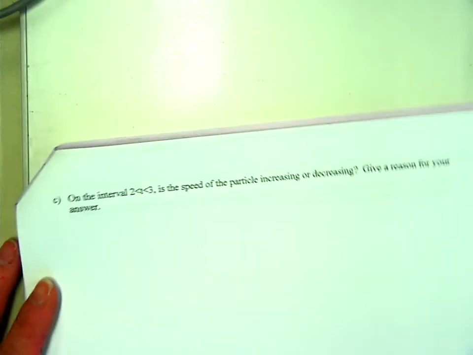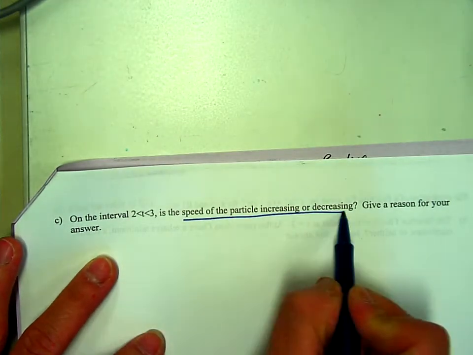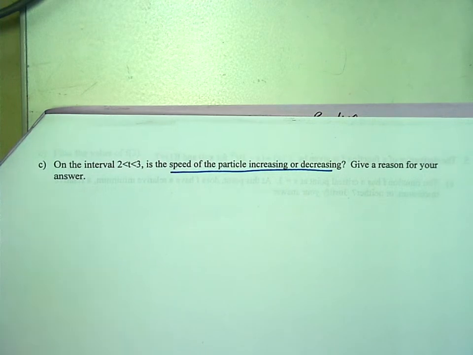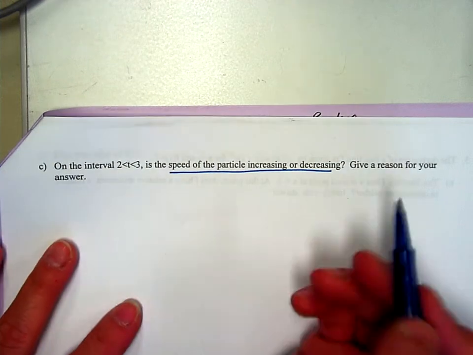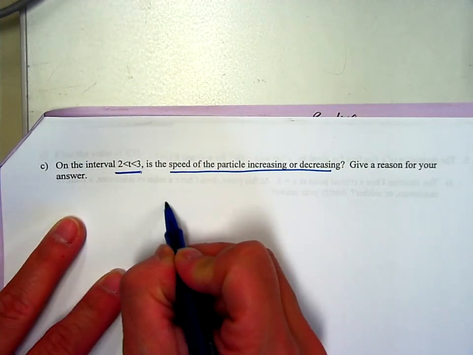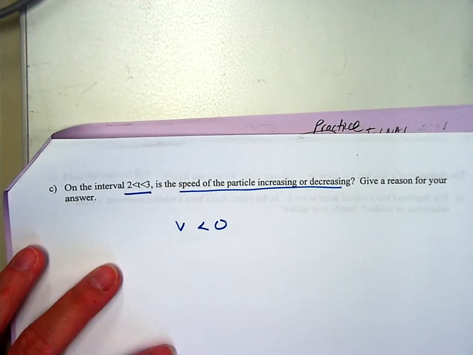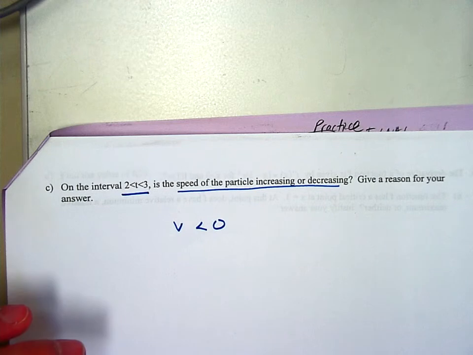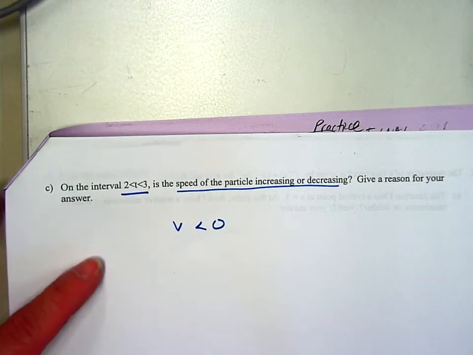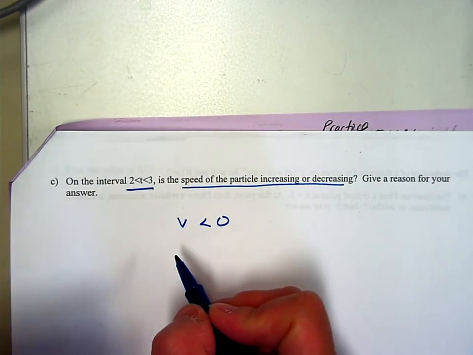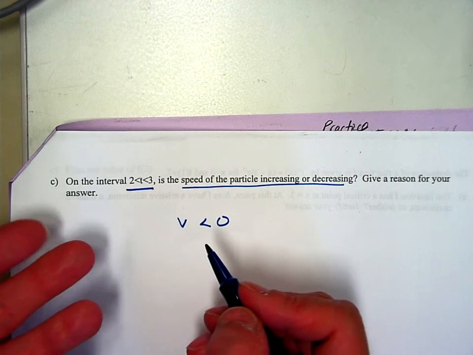Okay. Next question, is the speed of the particle increasing or decreasing? When you think about speed, you need to be looking at the sign of the velocity and acceleration. Okay? From 2 to 3, I know that the velocity is negative just from looking at the graph. You don't have to justify it. They see that you have the graph there. Now, they don't give you the acceleration graph, but I do know that the slope of the velocity is your acceleration, so you need to justify using your velocity graph because that's what's given.